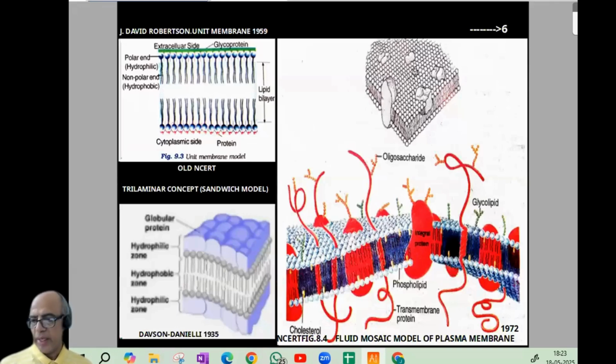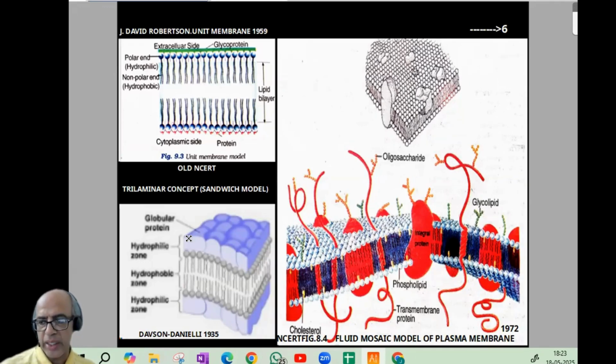Again, a set of diagrams, which basically belong to the old NCERT. Just for namesake, I have shown them. First one, that is this one, David Robertson, unit membrane, 1959. Now this one, the trilaminar concept, sandwich model, is concerned with two scientists, Davson and Danielli, in 1935.